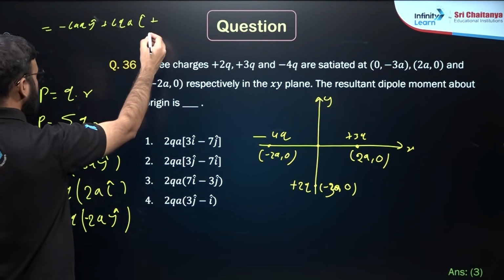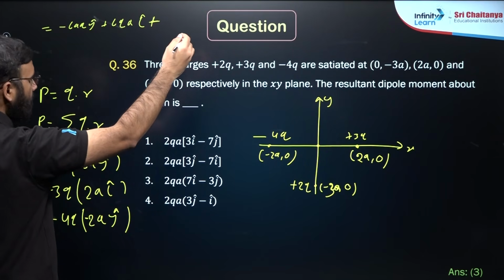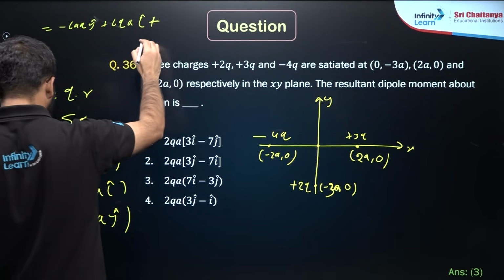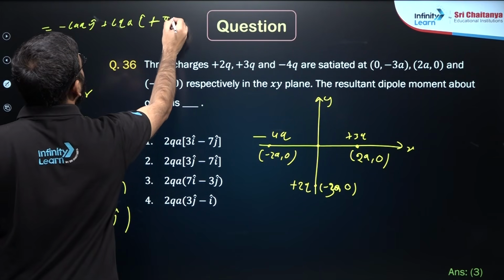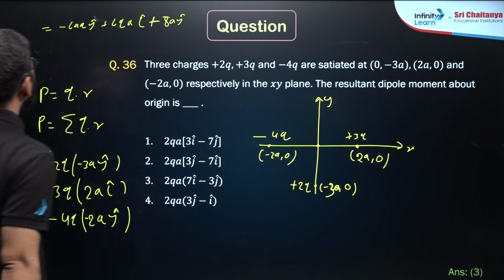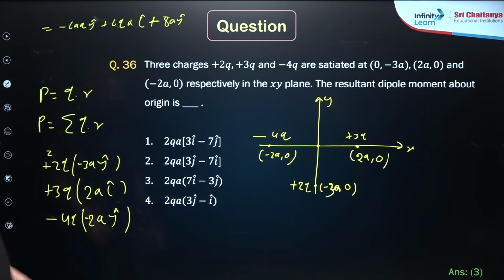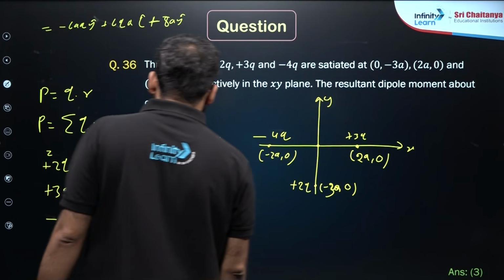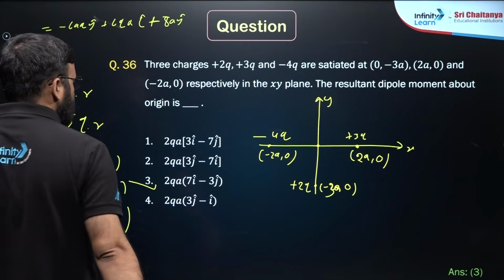So minus minus plus, plus 8 j cap. Okay beta, so just solve this one, you can get the final answer, that is 2qa upon 7i minus 3j, okay.